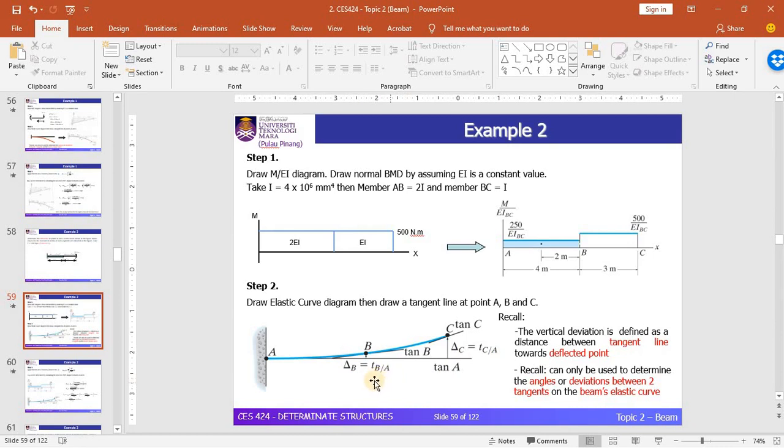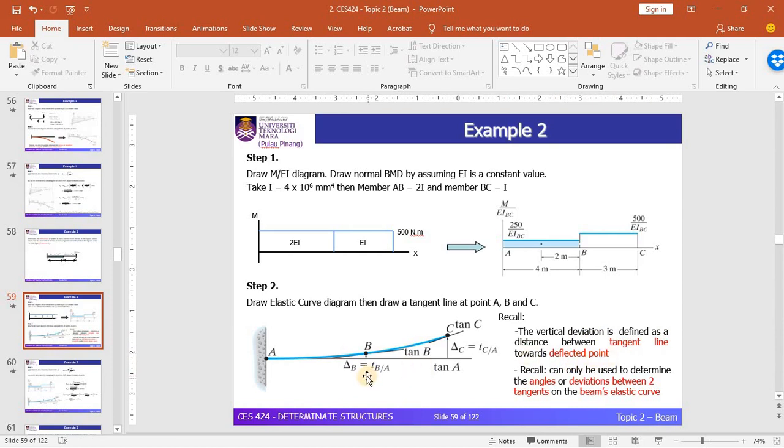TBA is about tangent line B and tangent line A, which, recalling the previous lecture, the vertical deviation is defined as the distance between the tangent line and the deflected point.